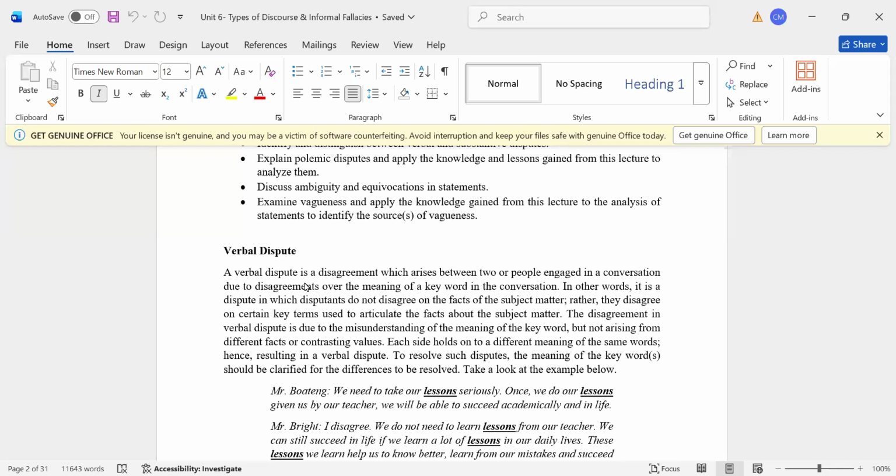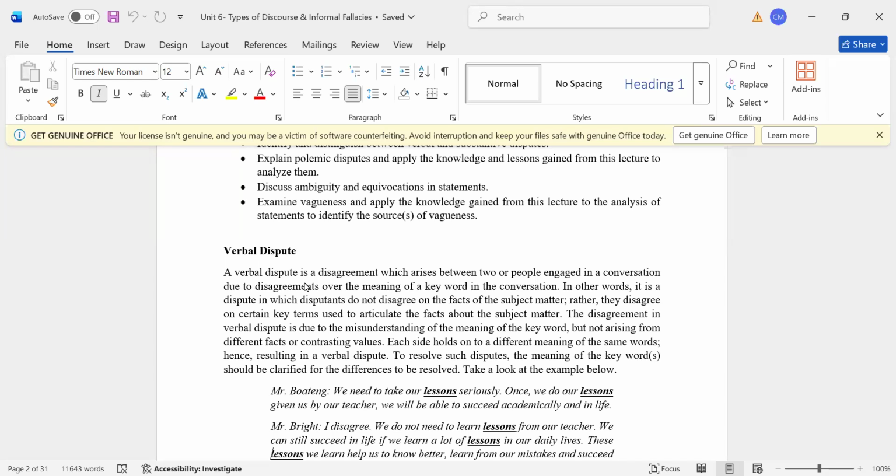And so the way Bright constructed his argument, reading a different meaning to the word lessons, gives a different dimension entirely. And that constitutes a verbal dispute.